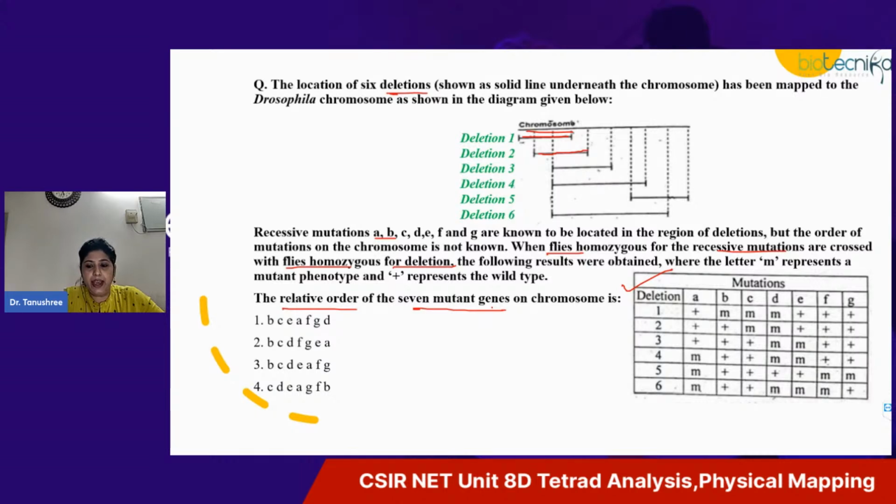So take your time and answer this question. So quickly answer the question.